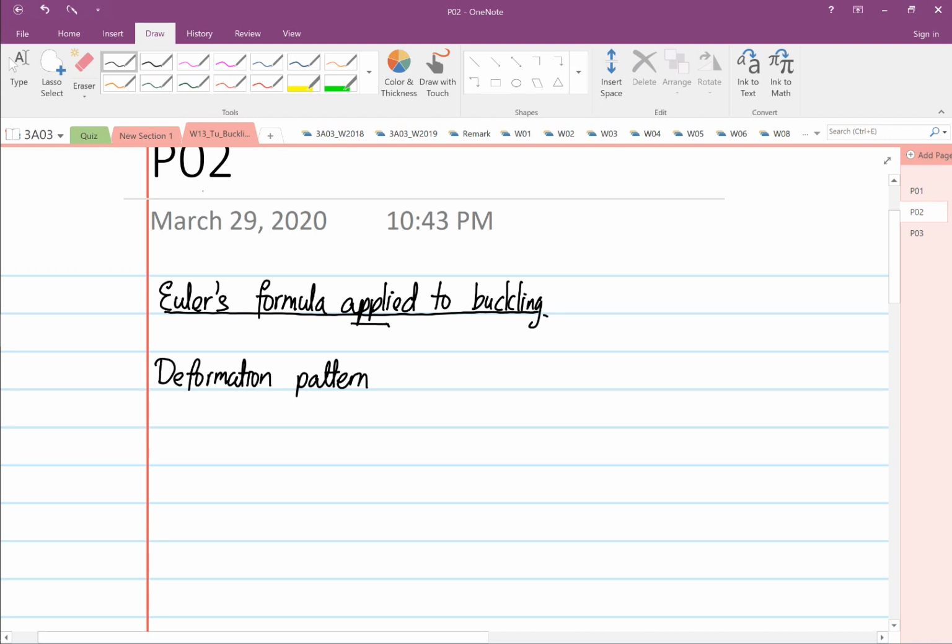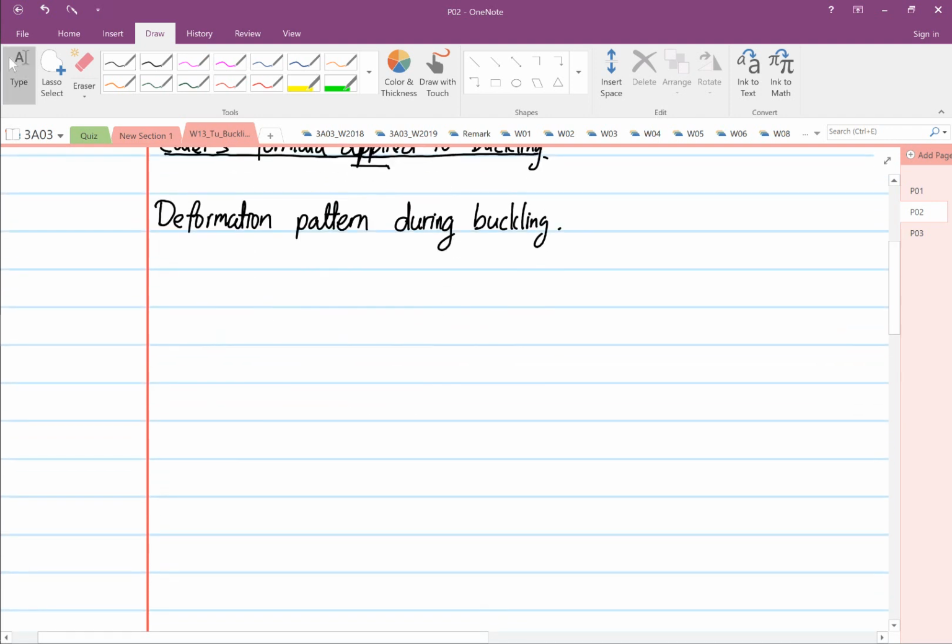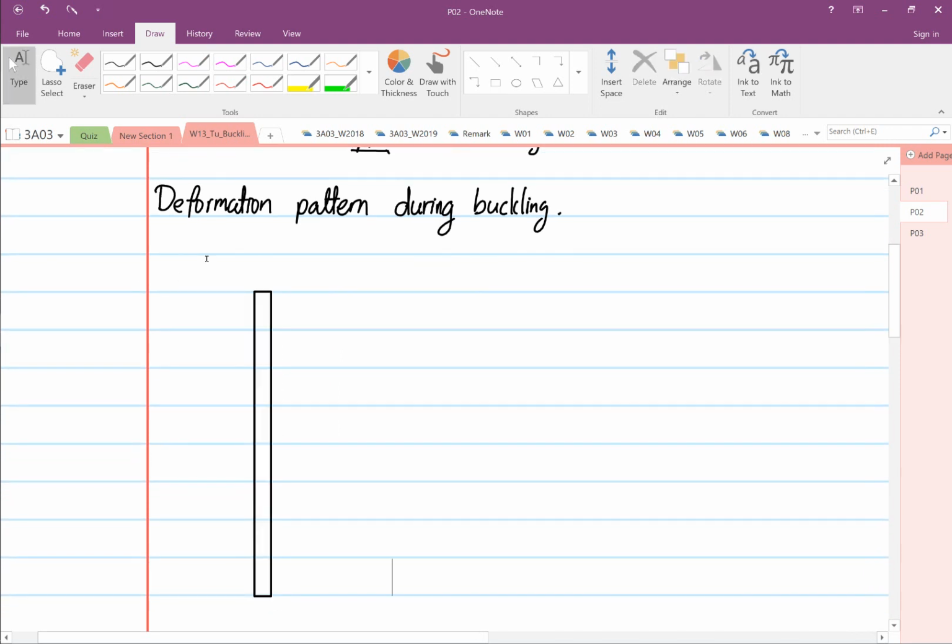So during buckling, what we tend to have, as I mentioned before, is a structure where one end is usually built in, and at the other end you have a load P0 or just P, and then you have an overall length of L0.